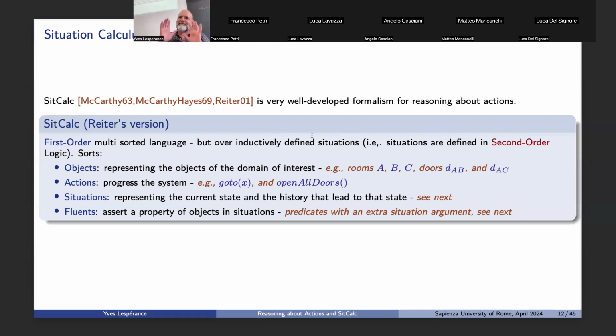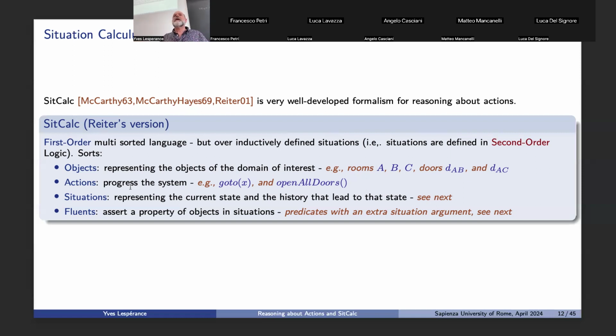But for now, just assume that you have this domain of situations. So what are the types, the sorts? Well, you have objects. These are things of interest in your domain: rooms, doors, and maybe the robot himself is an object. You also have actions.